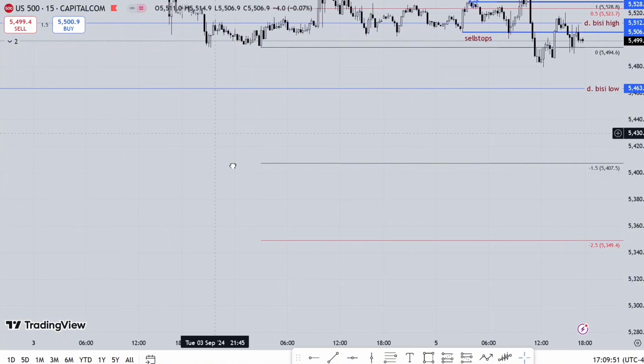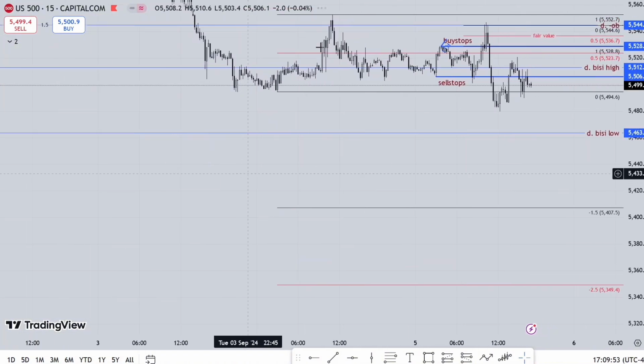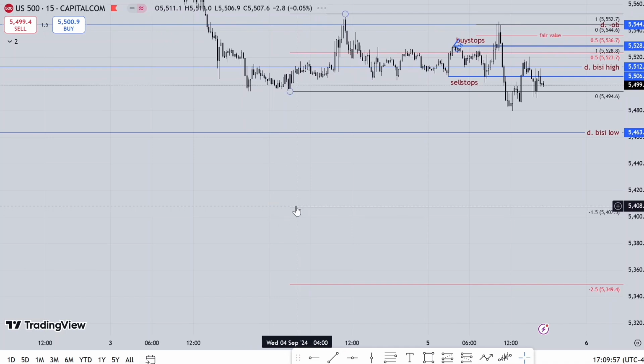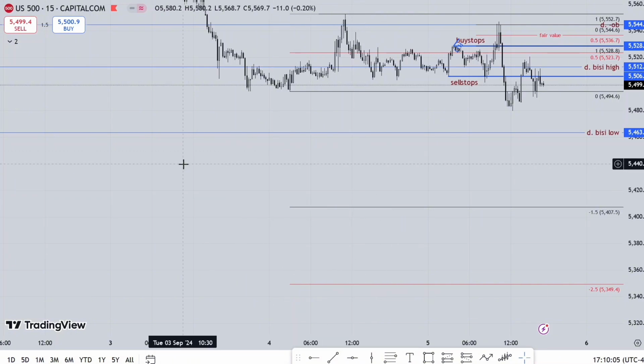So this is a swing projection model. If we are to go lower, this is the first jaw on liquidity, followed by this. You would have to correlate this with other PDRAs on the higher time frame to solidify this as the short-term jaw on liquidity.